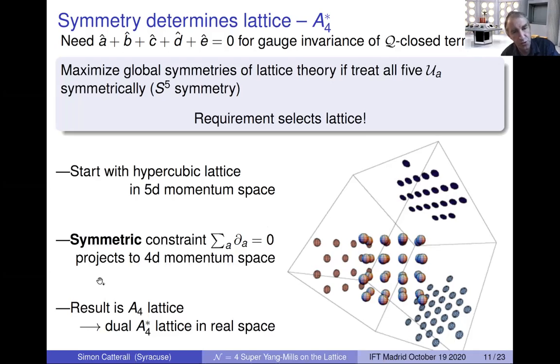This also projects down to 4-dimensional momentum space, but it does it in a way which preserves this S5 symmetry. By definition, if you take a hypercubic lattice and impose the constraint that the sum of the momenta is equal to 0, you get what's called an A4 lattice. And if I take the dual of that, I get the lattice in real space.